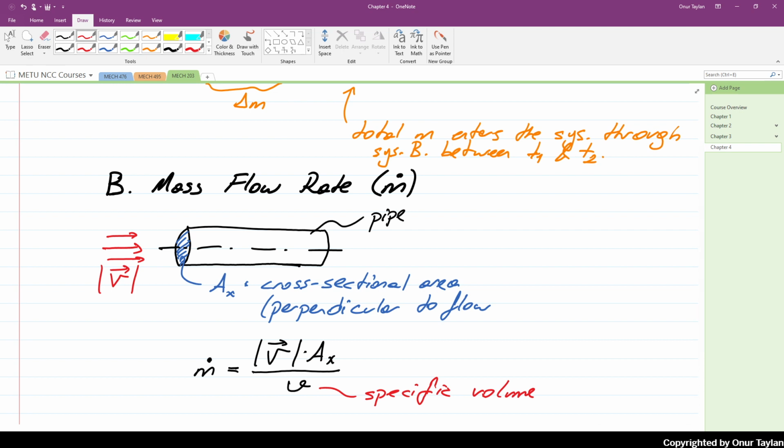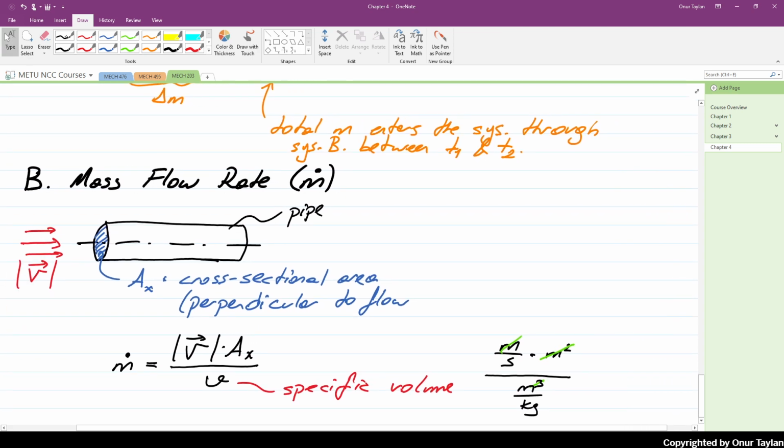If you check the units, you get meters per second for the speed, meters squared for the area, and the specific volume is meter cubed per kilogram. The meter cubed cancels out, and you get kilograms per second, which is the unit for the mass flow rate, m dot.